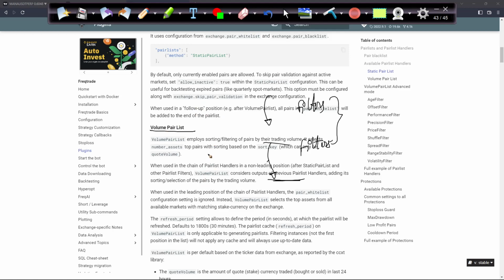We can sort by most traded volume, and then suppose we have 100 pairs in our whitelist, and we want only those where quote volume is greater than or equal to 50k or something. So we filter if the volume is greater than 50k, and out of 100 we might get 50.